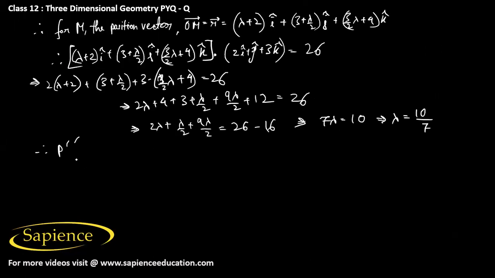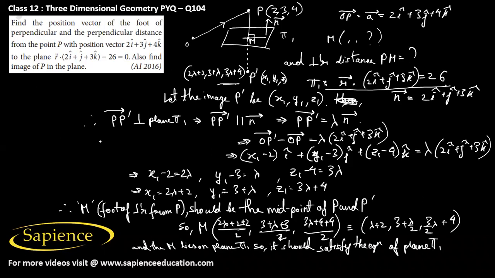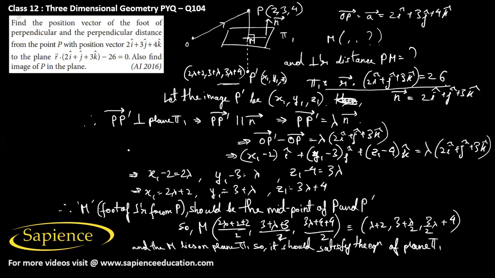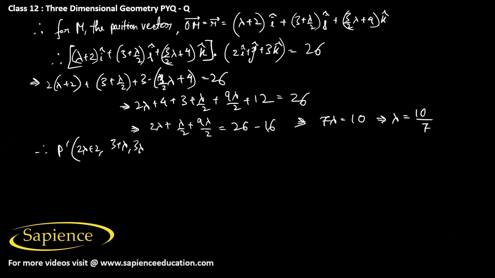So therefore the coordinates of the point P dash is 2 lambda plus 2 comma 3 plus lambda comma 3 lambda plus 4.